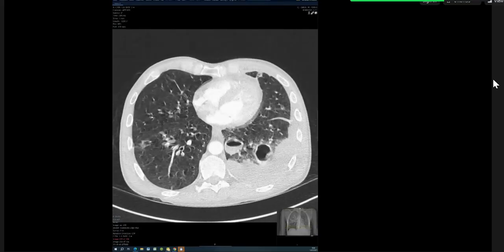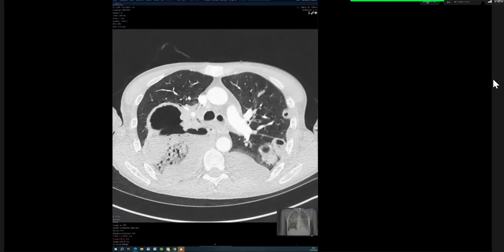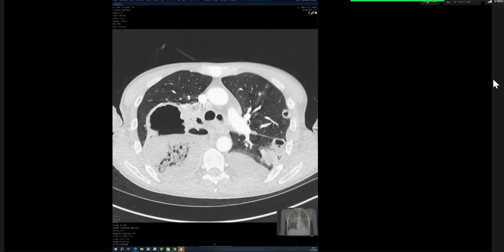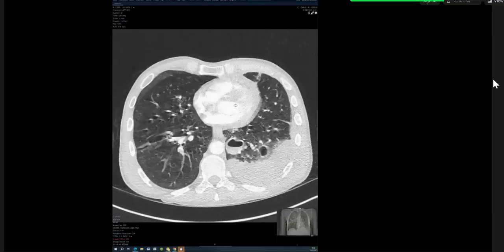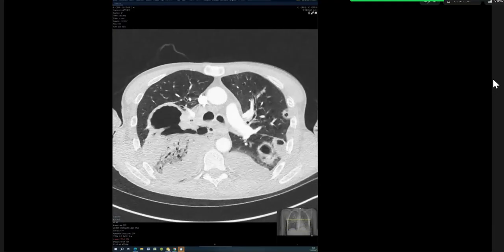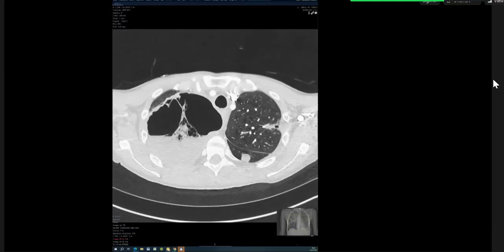These are cavitary lesions, multiple cavitary lesions. One of the differential diagnoses, in the context of a fluid level within, may be multiple abscesses, maybe septic emboli with the complication of flaring of the infection, maybe granulomatosis.